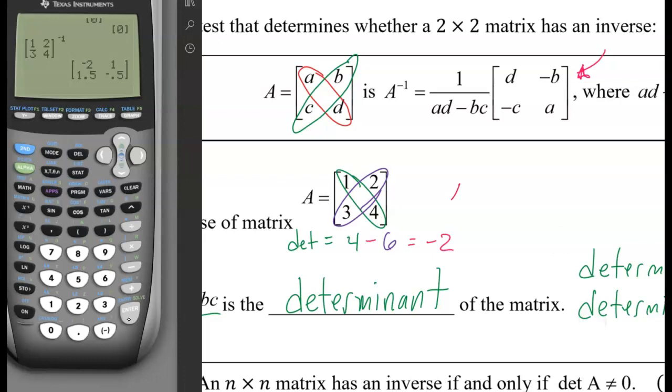This is our inverse: -2, 1, 3/2, -1/2. Most times they're going to want you to put them as fractions, I believe.